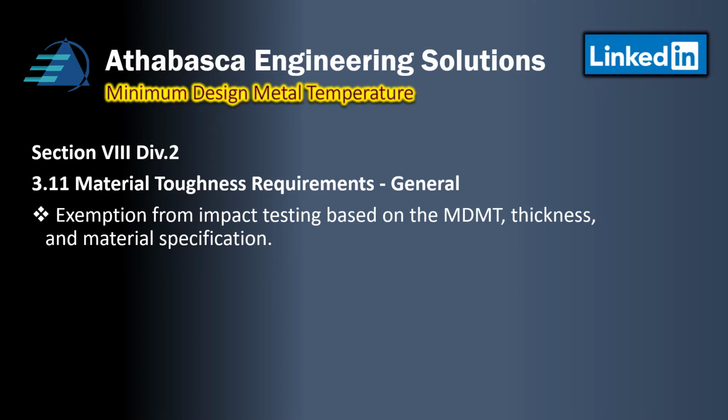That's like supports, for example, and anything that would affect integrity, unless exempted by the rules of 3.11. The exemptions are based on the MDMT, the thickness, and material specifications. We're going to get into that in a minute.